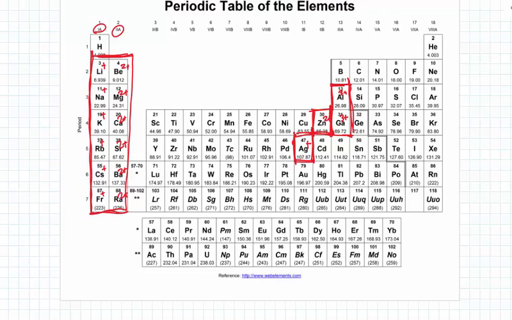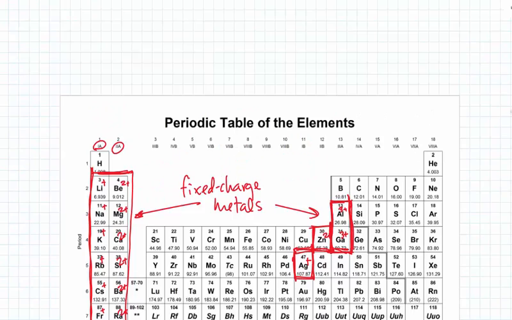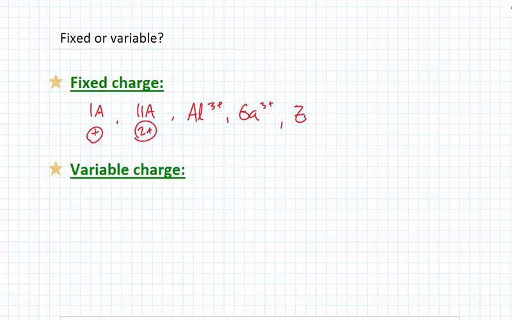Three plus, 2+, 1+. Those are the only metals that are fixed charge. Those ones and those ones. I better write zinc 2+ and silver plus up here.